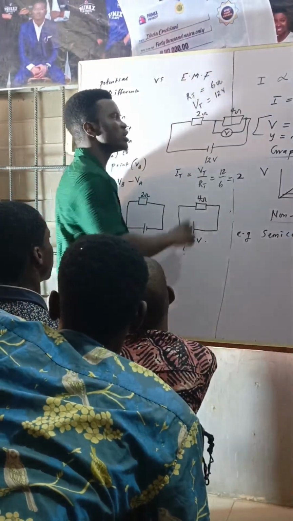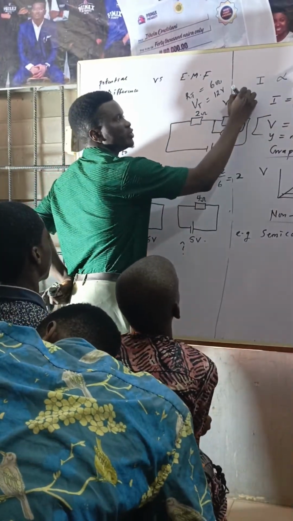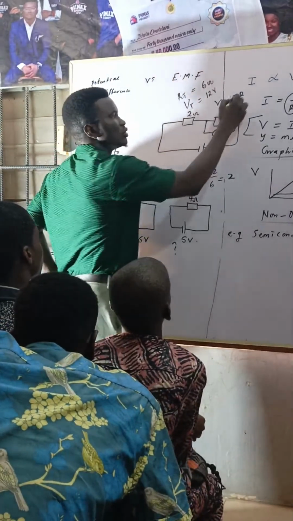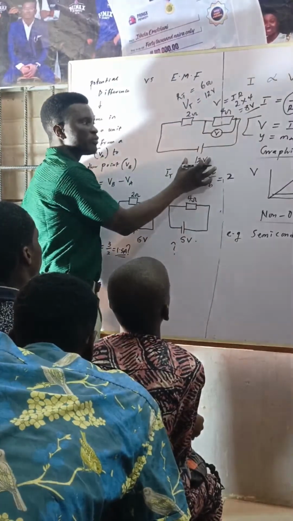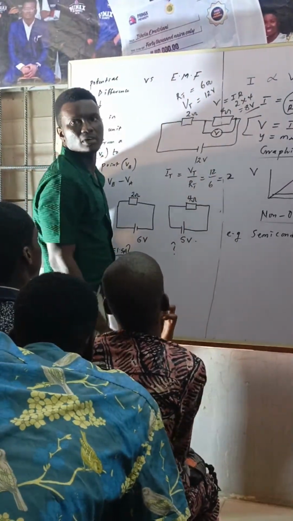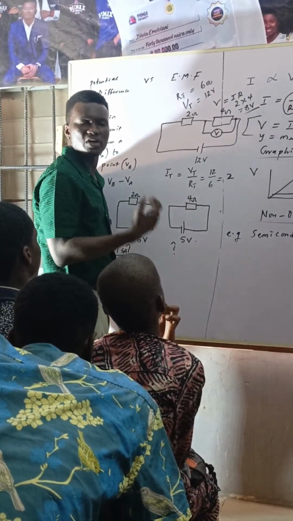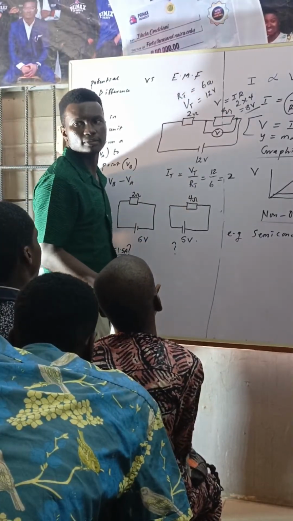So let's calculate the potential here. The work done here is going to be equal to V equals IR. We already know the current flowing. What's the current? Multiplied by 4, 8 volts. So out of 12 volts, I'm using 8 volts here. How many volts will I use here? Just 4 volts. So if the resistance is higher, we are going to do more work, so the higher the potential.